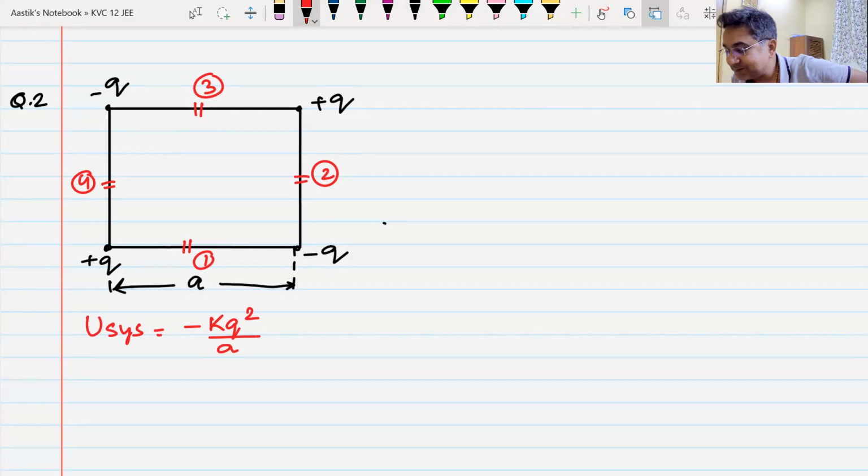And that is the correct answer. How many of you got this? That is the answer, minus kq square by a. How many of you got this answer? No one? Everyone is looking at each other.